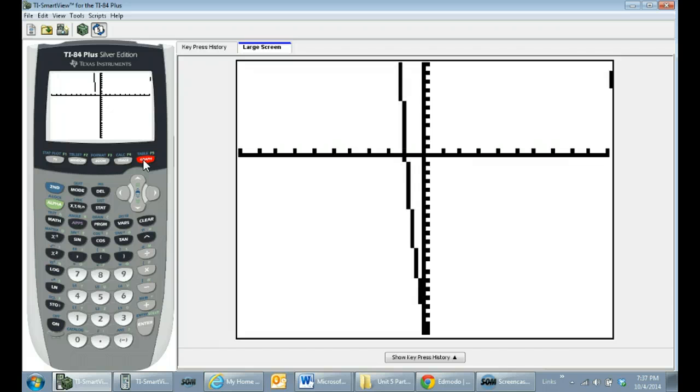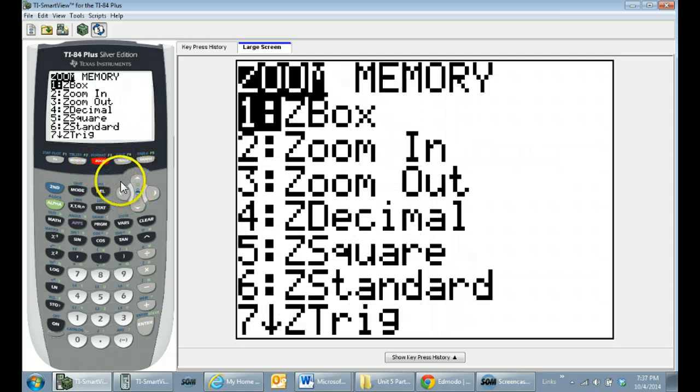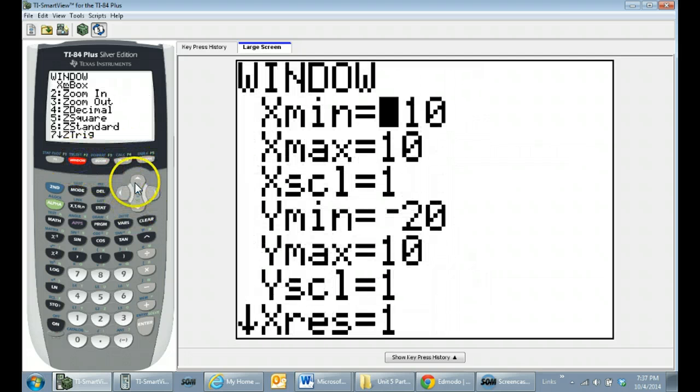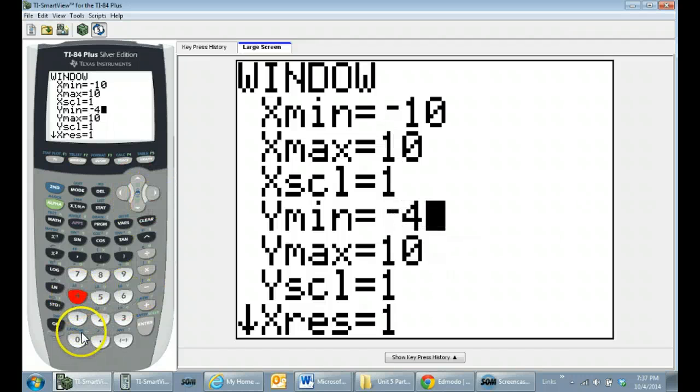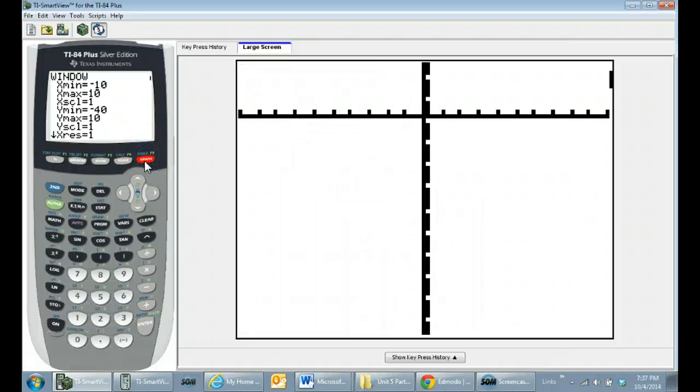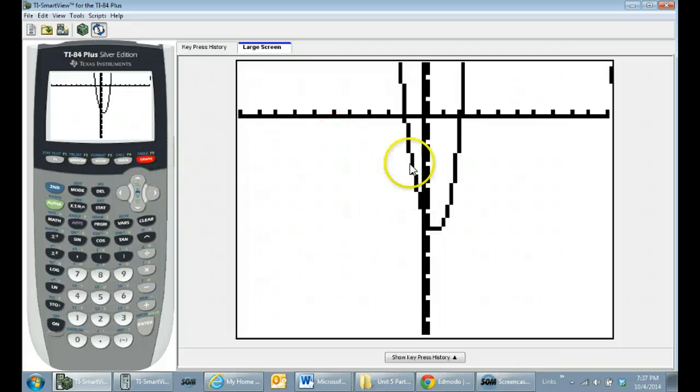Alright, so I can see lower now. Okay, not a whole lot going on. I'm going to try it one more time. Oh, whoops, wrong button. Let's try negative 40. Okay, there I can see the bottom of it. So, nothing going on.